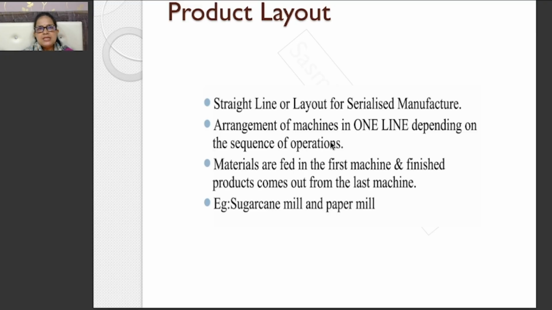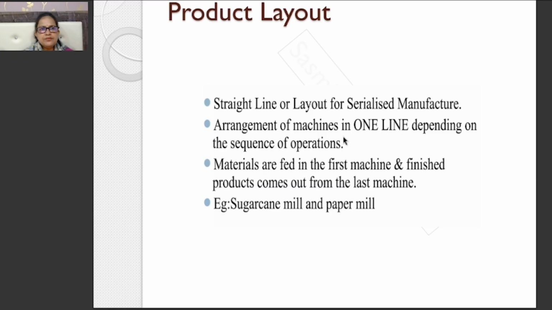Like one machine is dependent on the other machine. So machines are arranged in a line, in an order or sequence. So dependency is there in case of product layout.